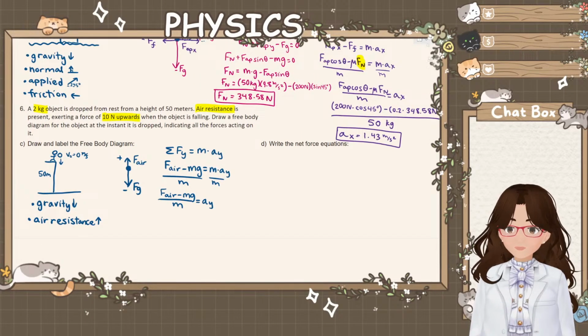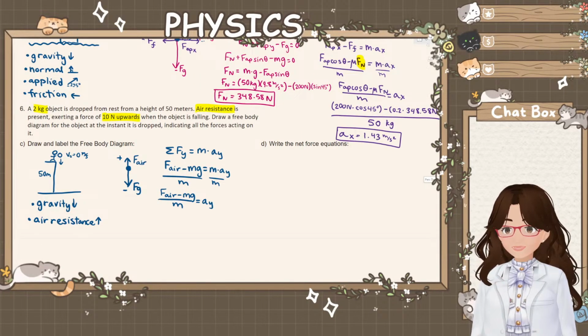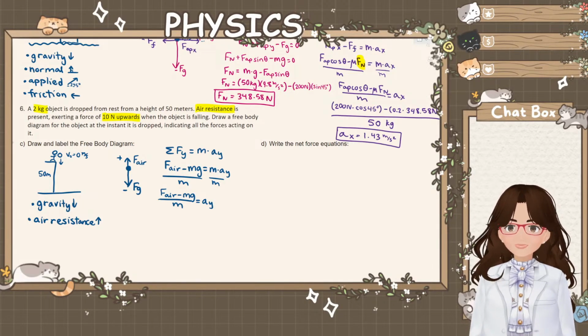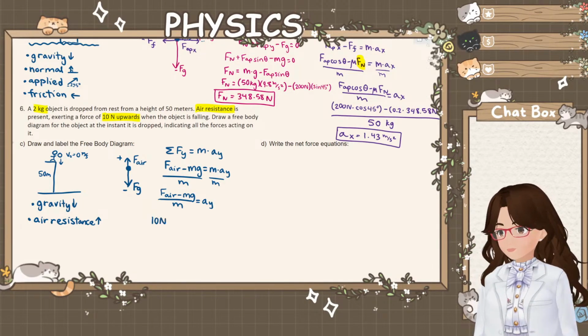Let's do it. So in this case, I'm going to get the force of the air resistance is going to be 10 newtons. And I'm going to subtract 2 kilograms times 9.8 meters per second squared.